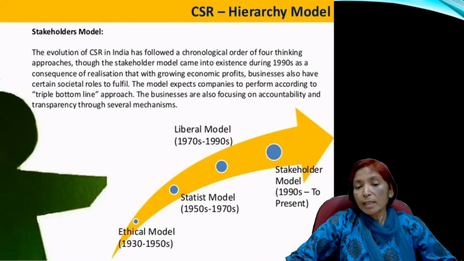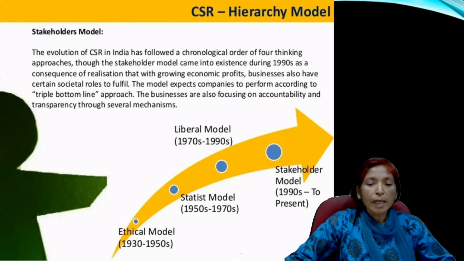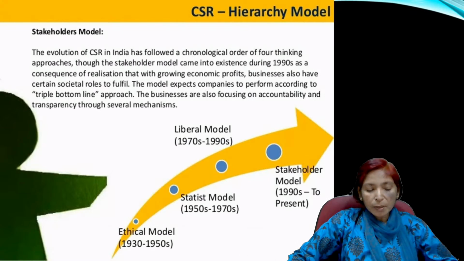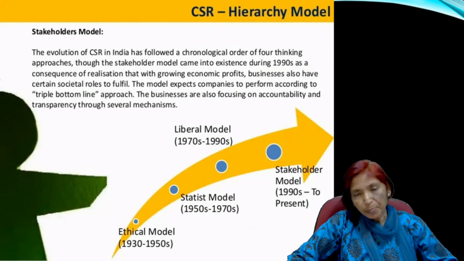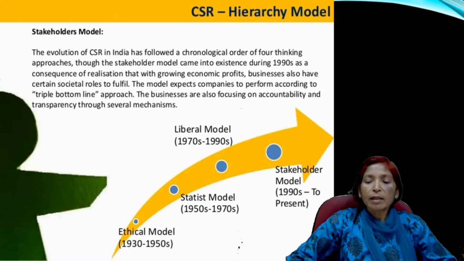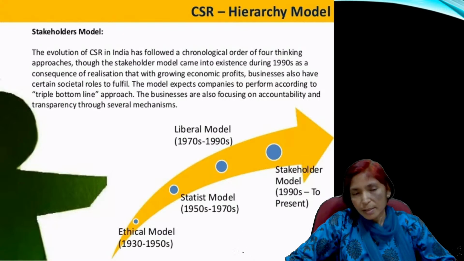After that, the statist model developed in the 1950s to 1970s. Then the liberal model was developed by some thinkers in the 1970s to 1990s. And the stakeholder model developed during the 1990s to the present, or 1990s onwards.